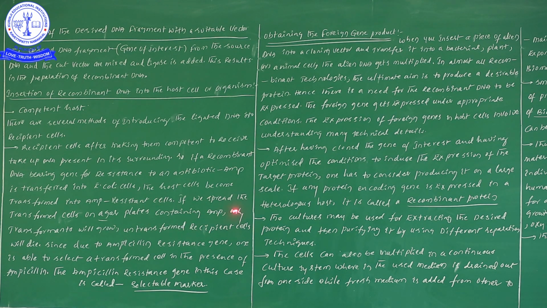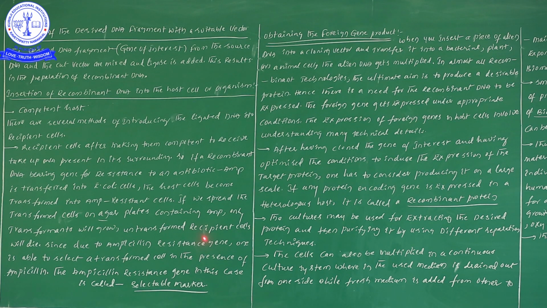Okay, I hope you understood this one. Next, only transformants will grow. Transformants means a bacterium or host with recombinant DNA within it. Only such organisms will grow. The remaining ones, the untransformed recipient cells, will die.